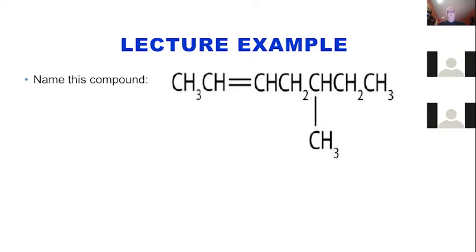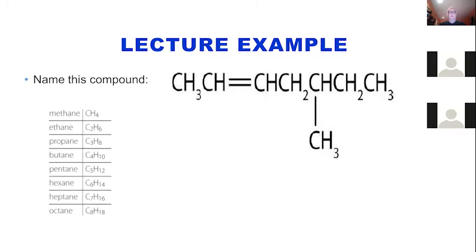So how would we name this particular compound? And I've included the lists so we can remember. I still have trouble with propane and butane. I'm constantly mixing those up. So what is the longest continuous chain of carbons that contains a double bond?